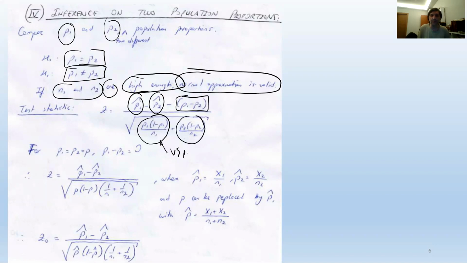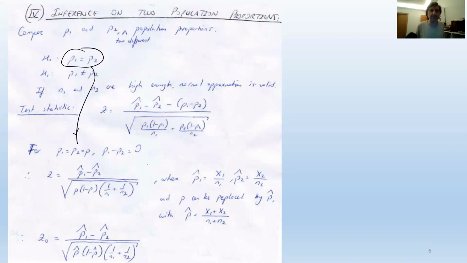This is the variance of P1 hat, and this is the variance of P2 hat. Actually, you can go back to the previous lecture and see that these are already found. So we are going to add these and take the square root to find the standard error of this estimator, I may say.